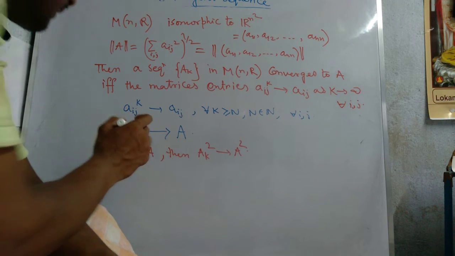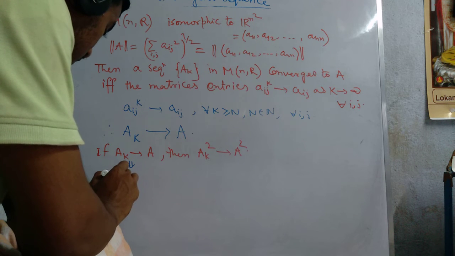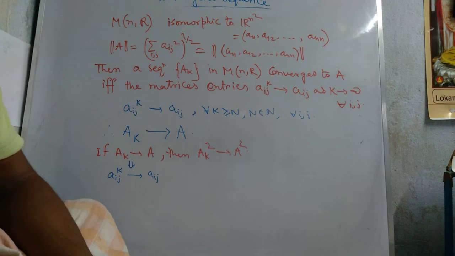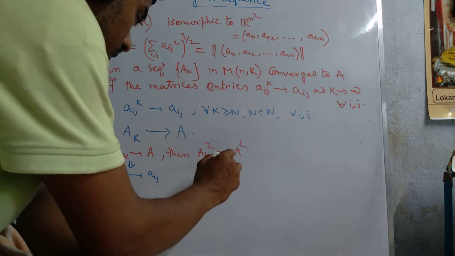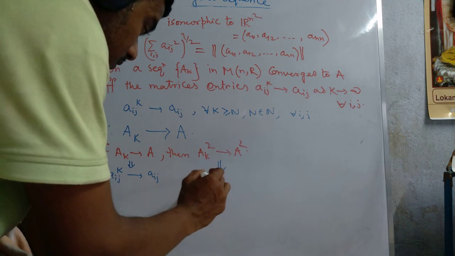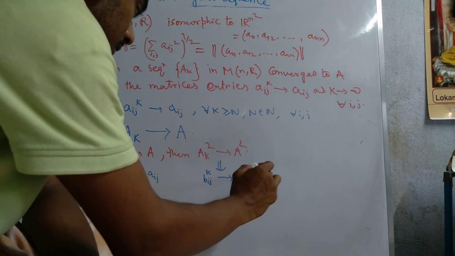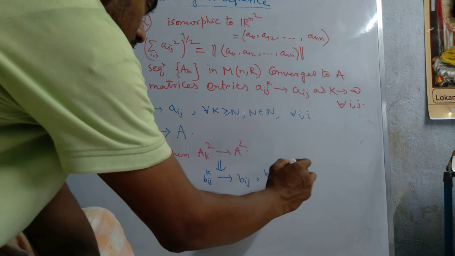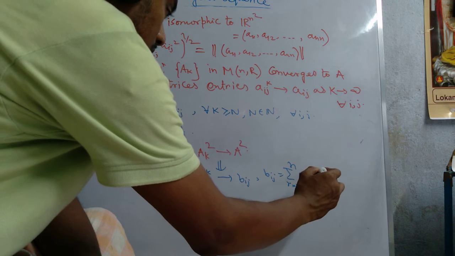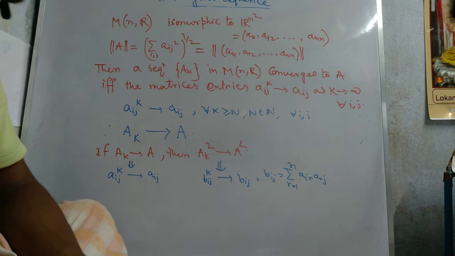That means if Ak converges to A, this implies the matrix entries converge. Let bij^(k) be the entries of Ak squared, where bij equals the summation over r from 1 to n of air arj.